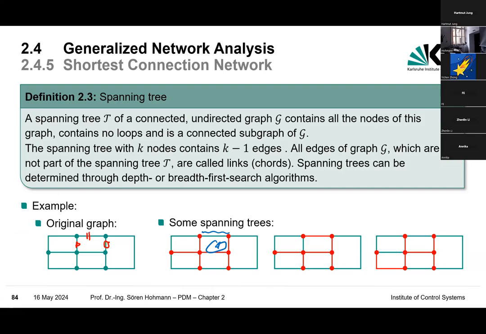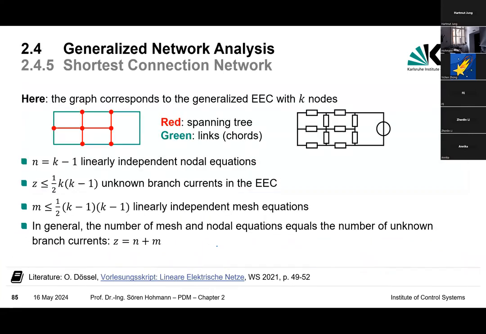Now the interesting fact is, here, for example, equivalent circuits with k nodes, red the spanning tree, green the links as given.